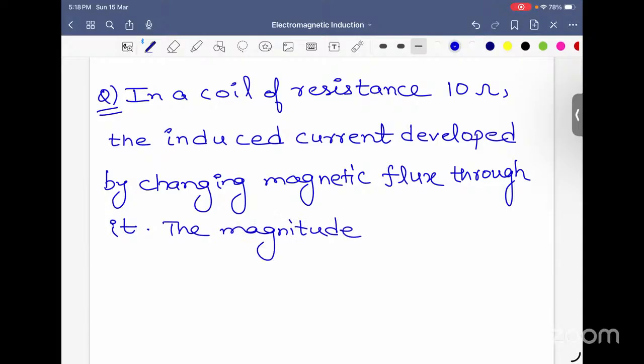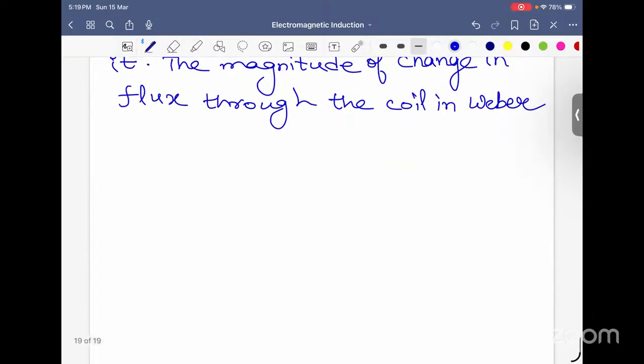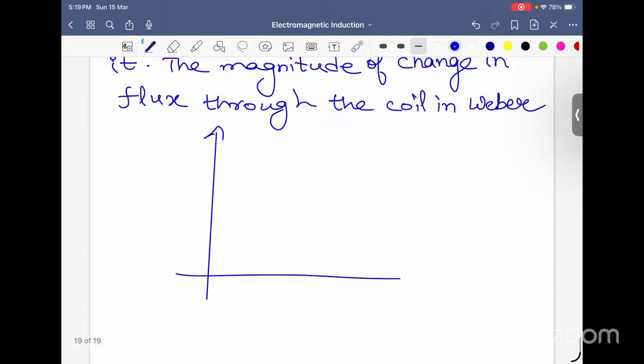You need to find the magnitude of change in flux through the coil in Weber. The diagram connected with this question is a graph of current I in ampere, with the peak value 0.1 and time up to 4 seconds.